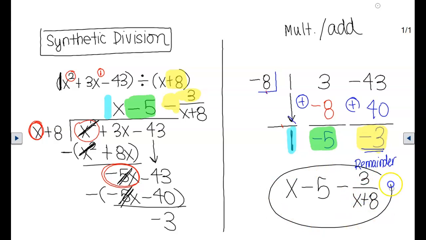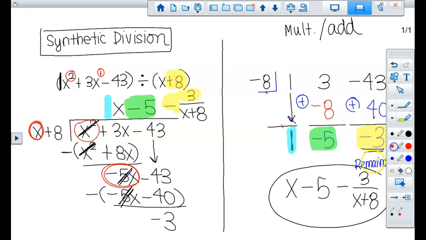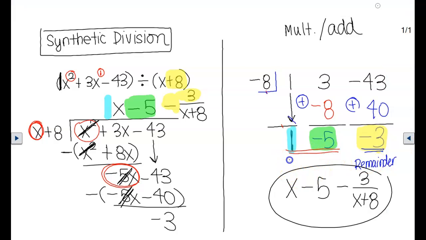So I want you to notice that that produces the same result. And I want to point out one more thing. These 2, and I guess I should mark this right here, these 2 are the coefficients of the answer. And what I want you to notice is our original problem had x squared as its first power, and your answer has x to the first.